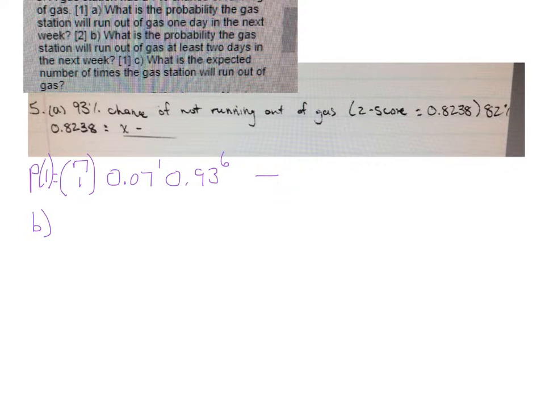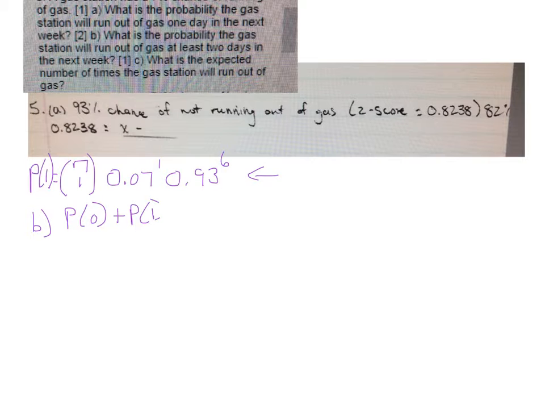In part A, we already found the probability of it running out of gas for 1 day. So if we find the probability of 0 days, we add that to the probability of the 1 day that we found in part A, and then we find the probability, it says at least 2 days. So sorry, we don't need another probability there.